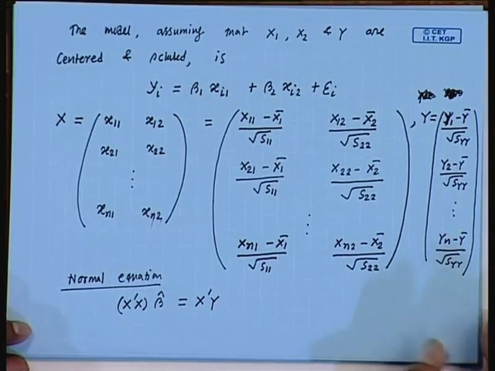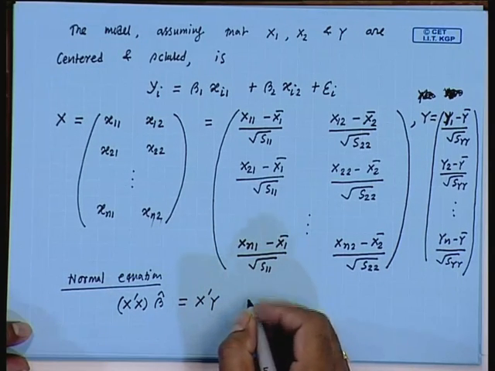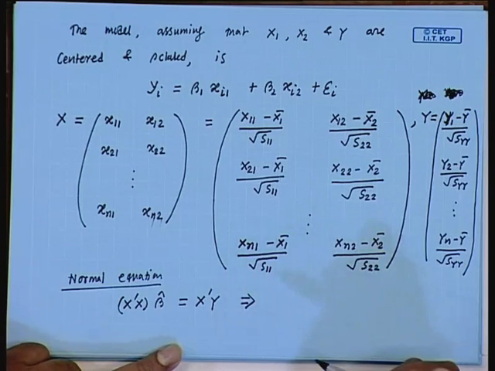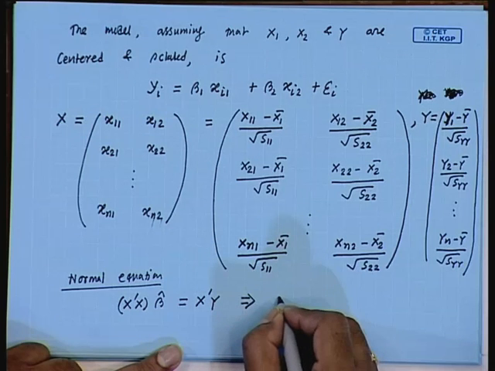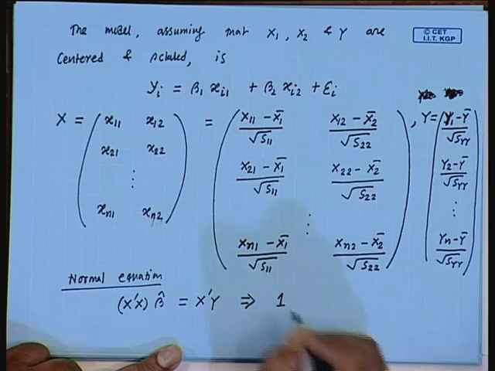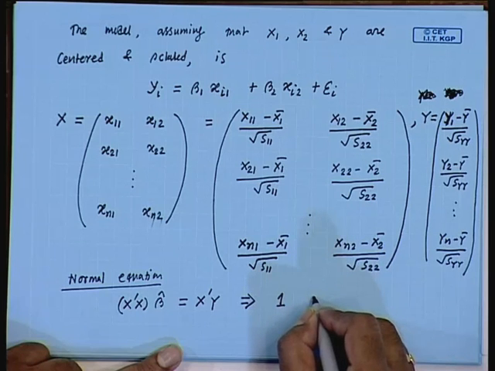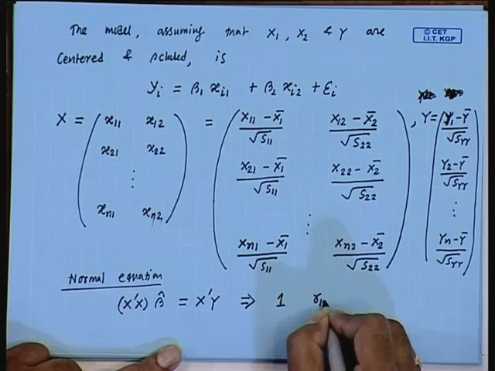Now, what is X prime X? This implies, say X prime X is, you can check that the X prime X is 1, and then R12.